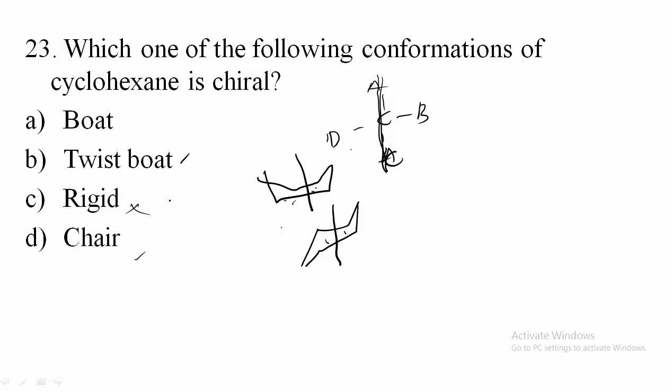In twist boat, the carbon atoms are not symmetric. The structure is not symmetric because it is twisted, and thus we can say the twist boat of cyclohexane is chiral. That means it is an asymmetric structure. Option B will be the right answer.